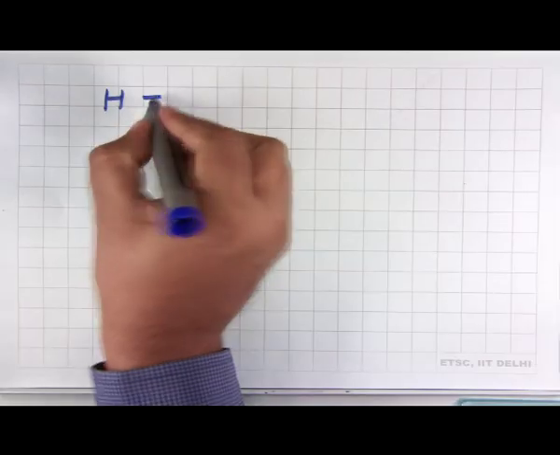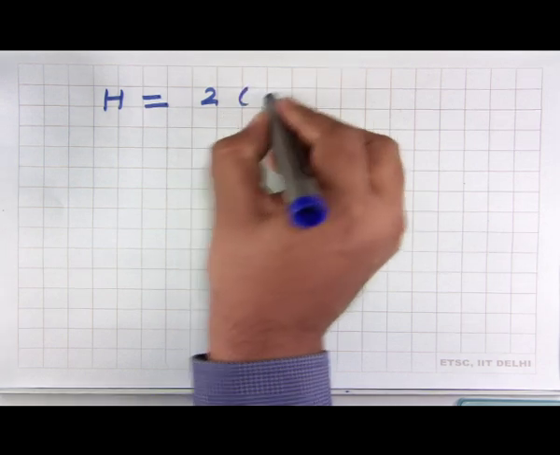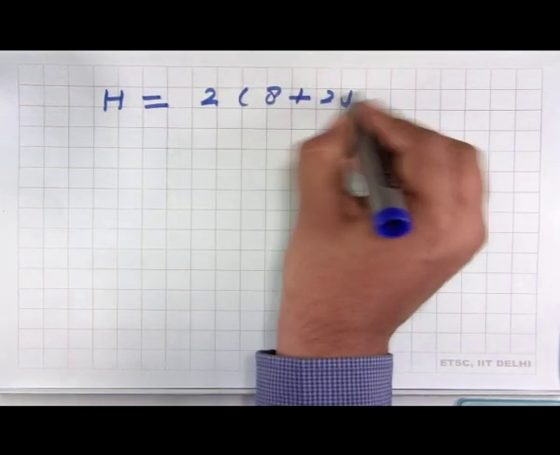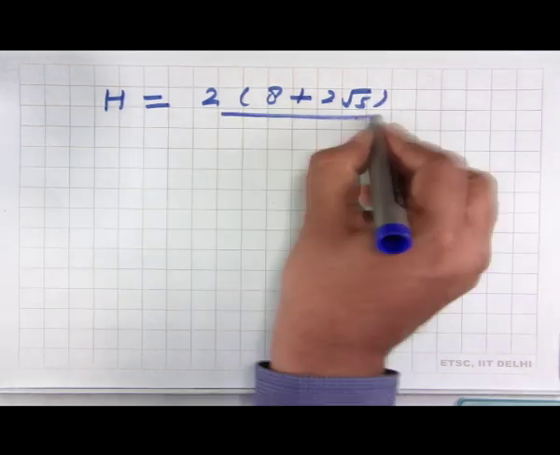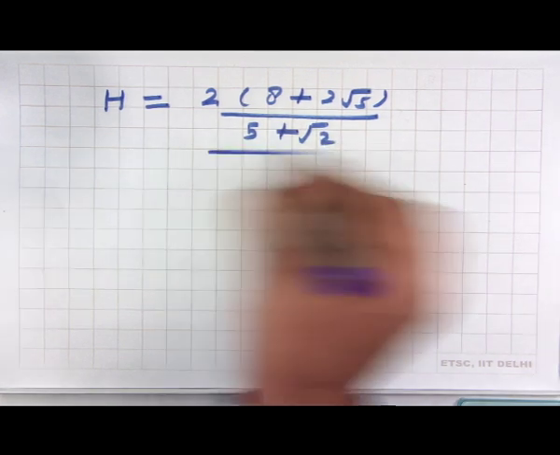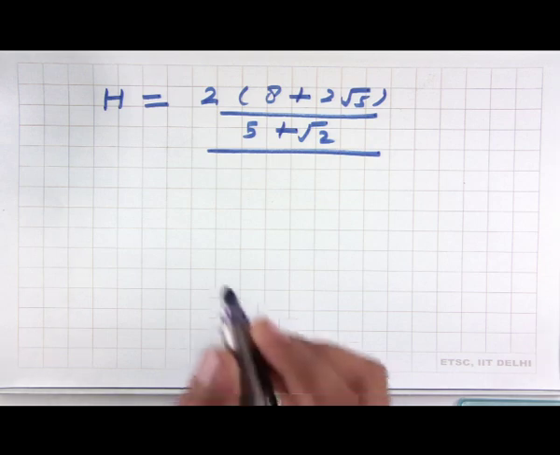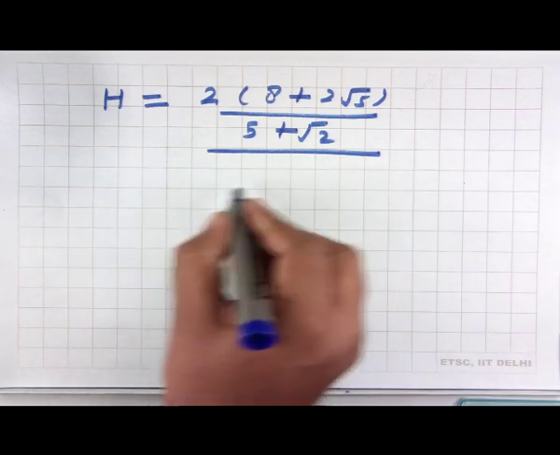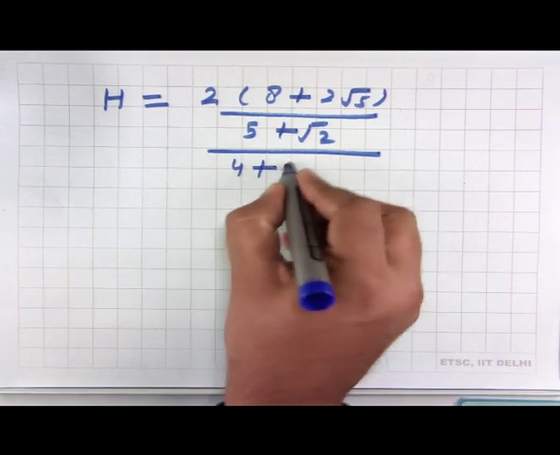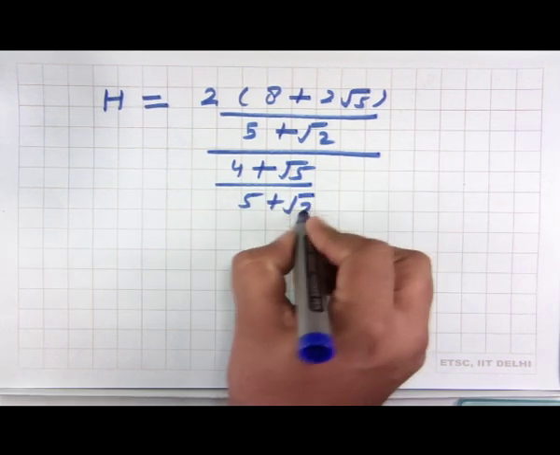It will be H equals 2 times the value of αβ, (8 + 2√5) over (5 + √2), divided by the value of α + β, (4 + √5) over (5 + √2).